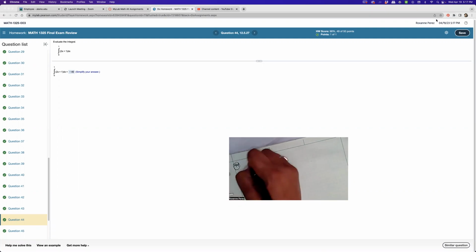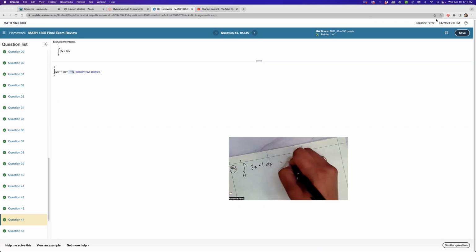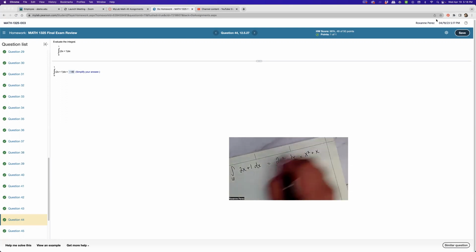All right, 44. Integral from 6 to 1 of 2x plus 1 dx equals 2x squared over 2 plus 1x. This is going to reduce to x squared plus x. Okay, that's better.